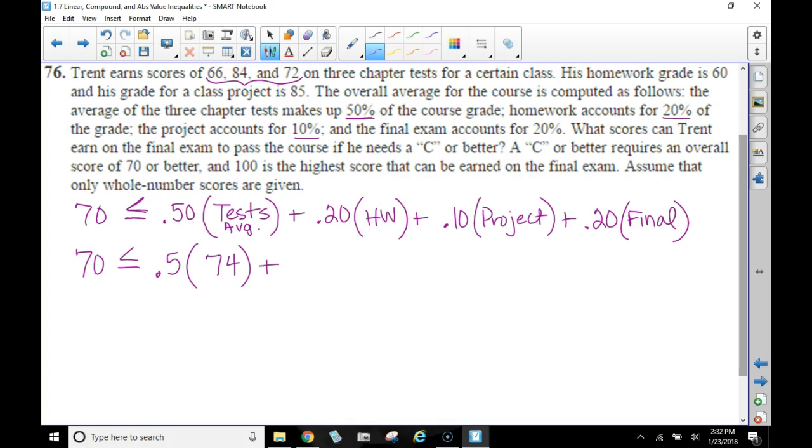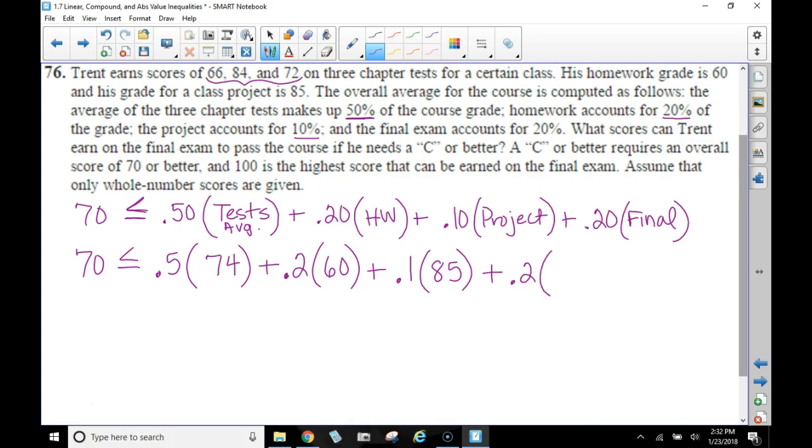Okay? It also told us that for the homework, which accounts for 20%, he has a 60 on his homework. Uh-oh. All right? Now, he made an 85 on the class project. That accounts for 10%, so 0.1 times his project score. We're going to add that to 0.2 of his final exam score.